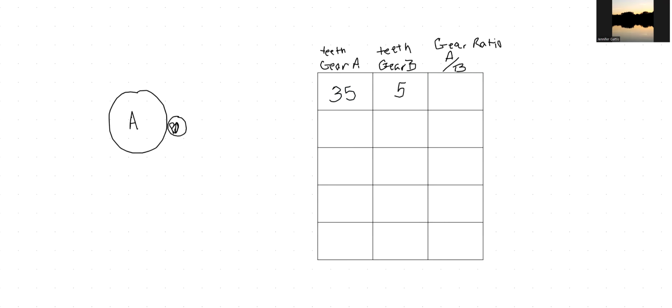So when we put that on our calculator, we should find that that's a ratio of 7 to 1. And another example, imagine that gear A has 12 teeth and gear B has 7 teeth. Well, that fraction 7 over 12 does not reduce. So the ratio is simply 12 to 7.